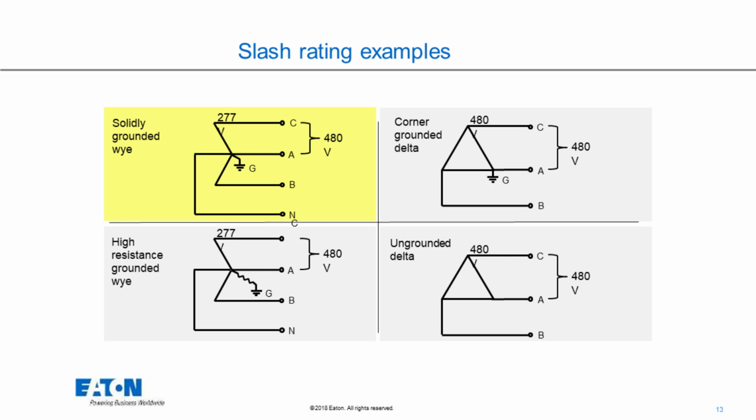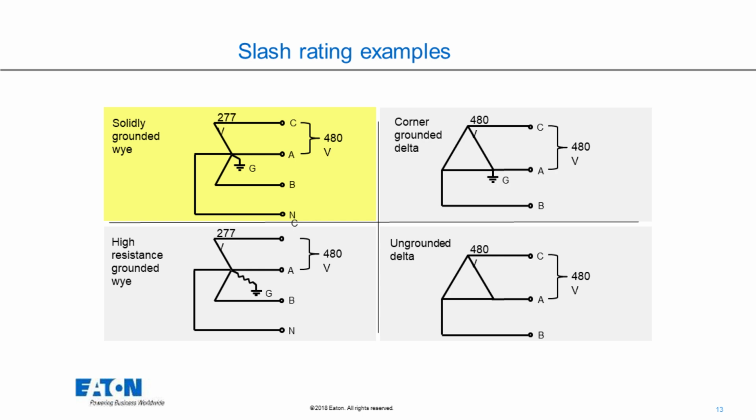But if we have a fault from phase C to ground, it's going to be a 277 volt fault, so that's acceptable there. But once you have a continuous fault like that, the other two phases go to 1.73 times the 277, which is going to be 480.